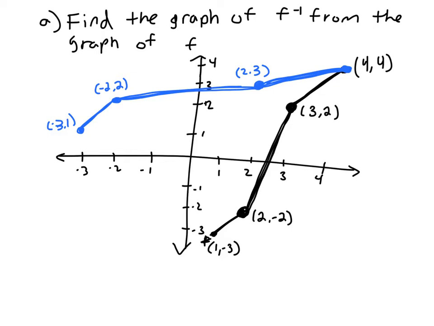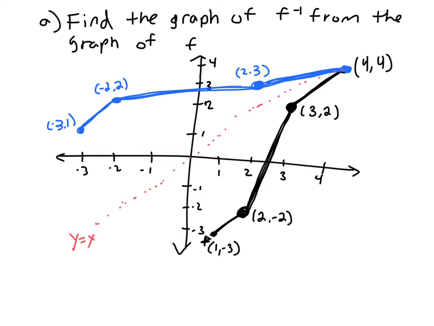Okay, and so you might see something kind of interesting here. Say I were to draw the line x equals y. I'm just going to draw a dotted line. This is the line x equals y.